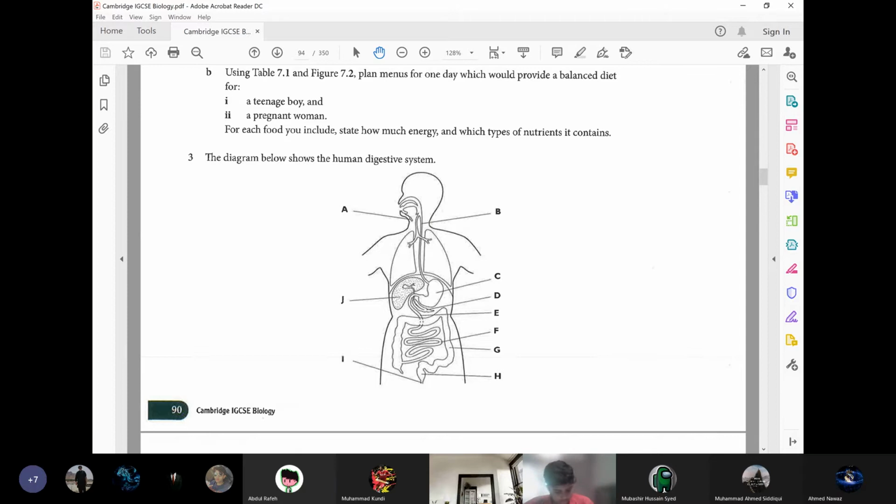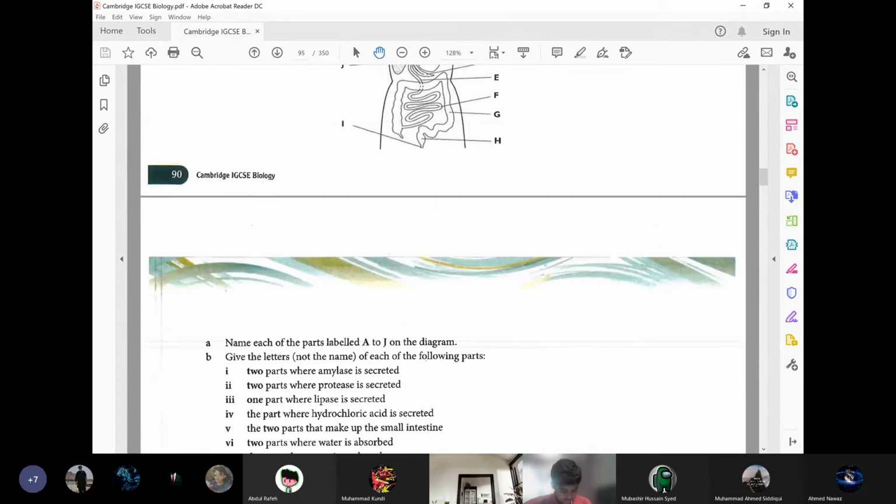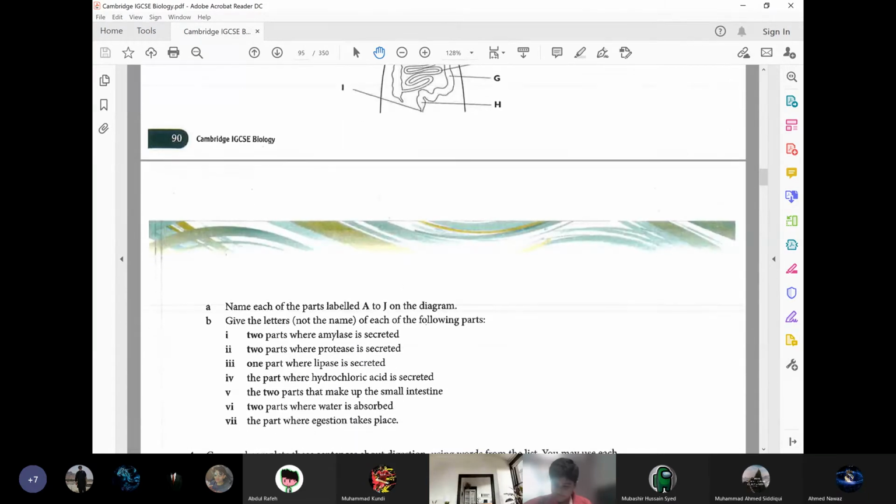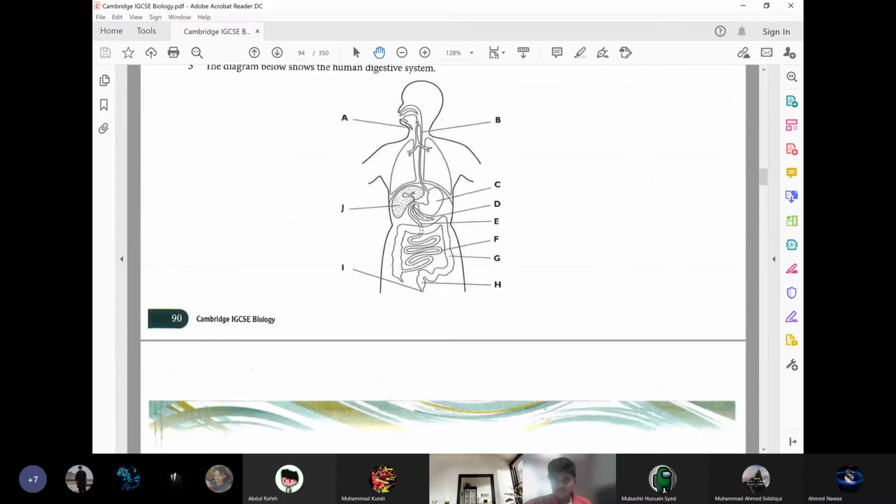And D is pancreas, which produces the pancreatic juice containing the proteases. Next, one part where lipase is secreted. Sir, D. Again D, very good. So D, the pancreas, produces pancreatic juice, and it contains carbohydrases, proteases, and lipases.